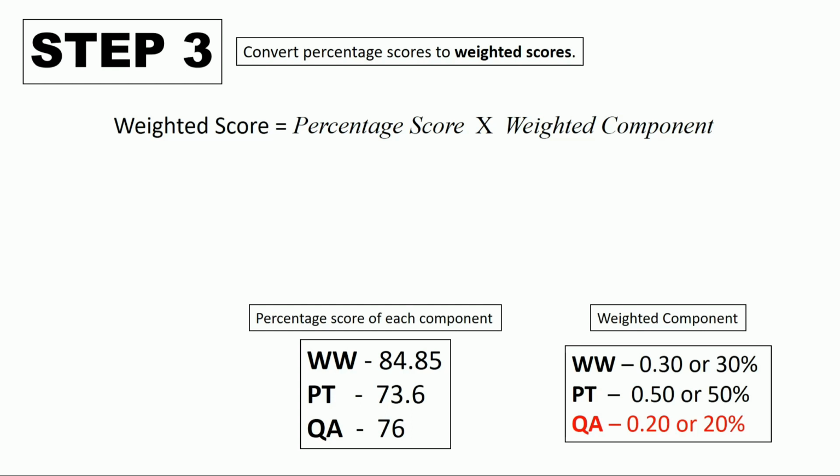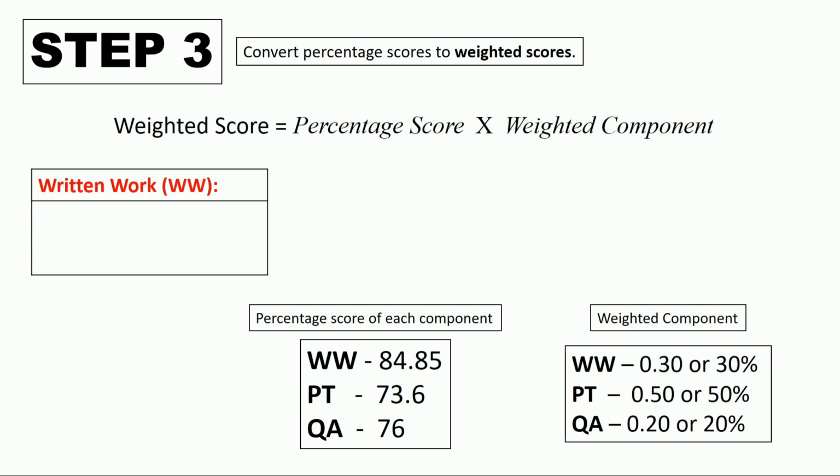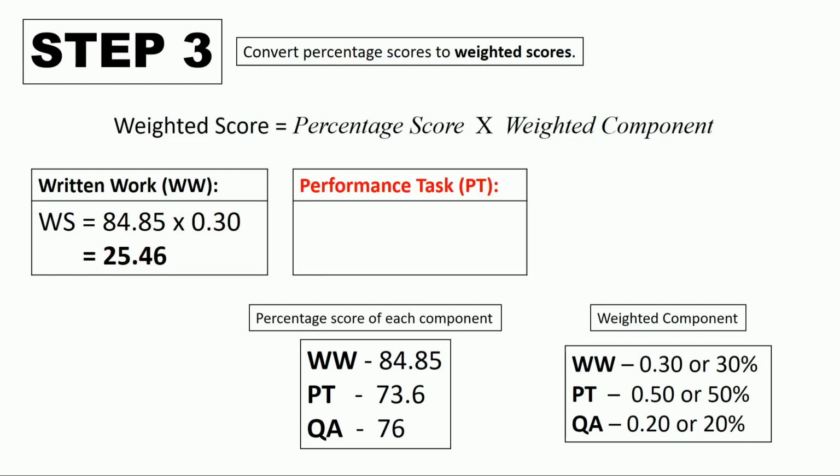Let us now proceed to the computation, starting in written works. Weighted score is equal to 84.85 times 30%. We have 25.46. Performance task. Weighted score is equal to 73.6 multiplied by 50%.